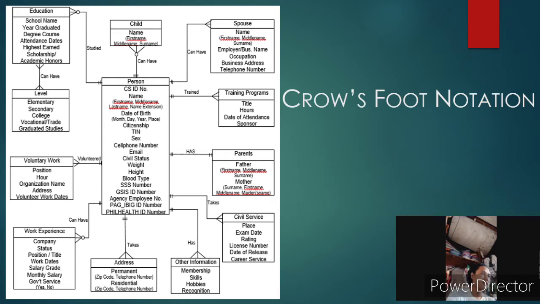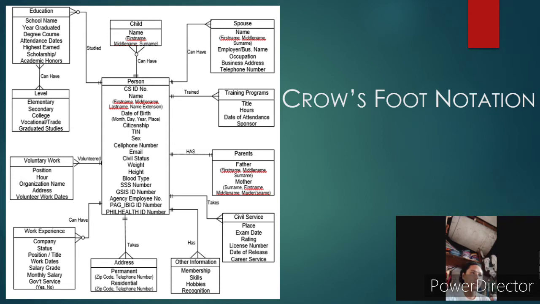The education has attributes: school name, year graduated, degree course, attendance dates, highest earned scholarship, academic honors. Education can also have many levels, like elementary, secondary, college, vocational, trade, graduate studies.